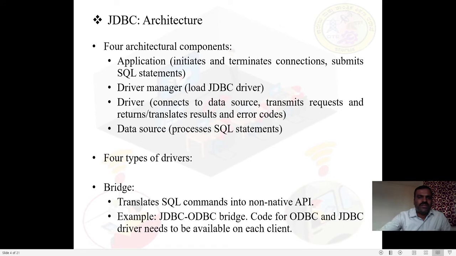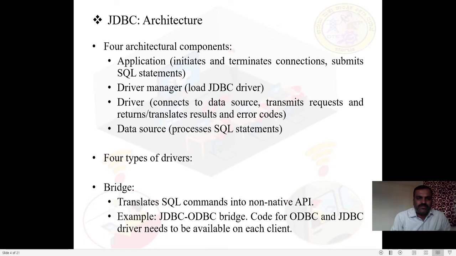Next, JDBC architecture, Java Database Connectivity architecture. There are 4 components of the architecture. The first component is the application. It initiates and terminates connections and submits structured query language statements, SQL statements.